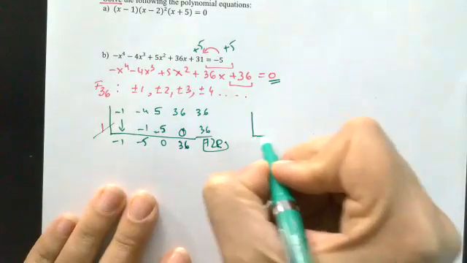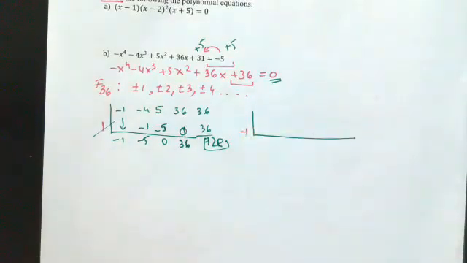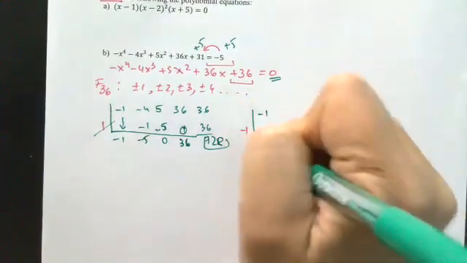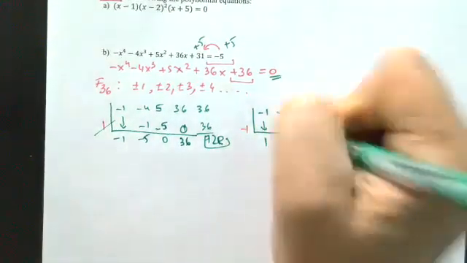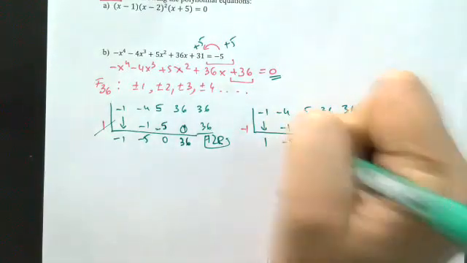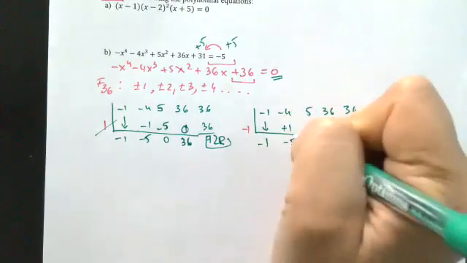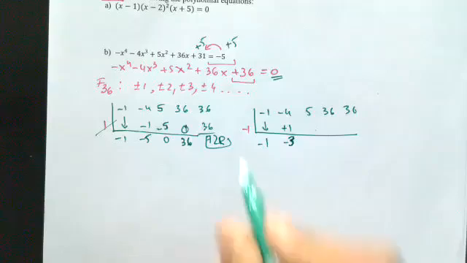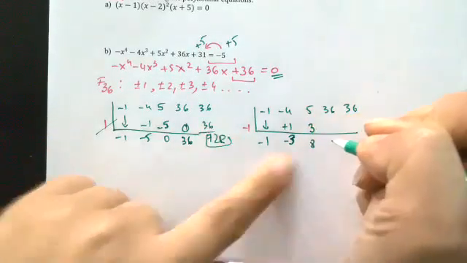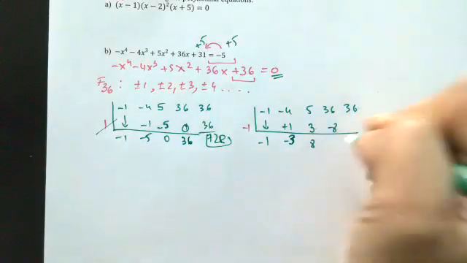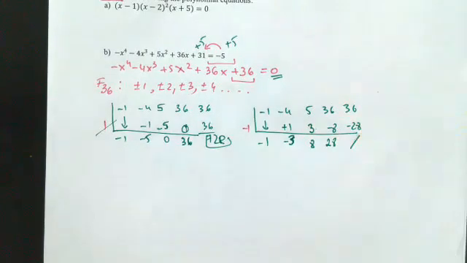We go to the next one. We're gonna check -1. -1, drop it. -1, negative, +1, -3, 3, and then 8, -8, 28, -28, not a factor.